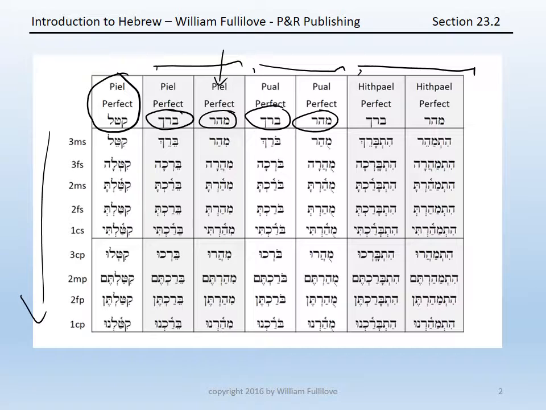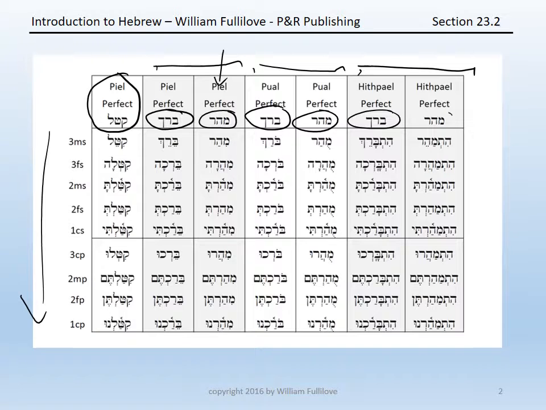And similarly with the Hithpael, with Barak we will have compensatory lengthening, so we will get a qamets in advance of the resh which cannot double. Hitbarek, Hitbaraka, Hitbarakta, Hitbarakt, Hitbarakti, Hitbaraku, Hitbaraktem, Hitbaraktem, Hitbaraknu.